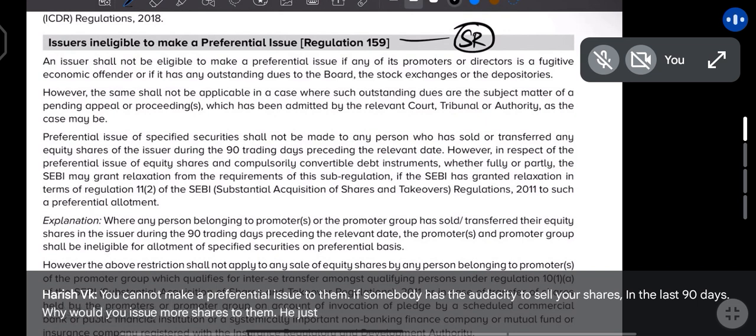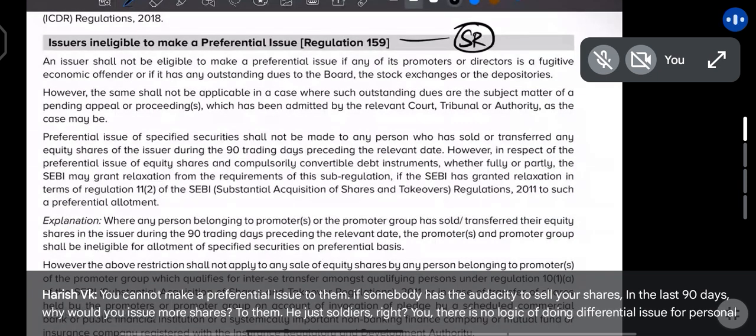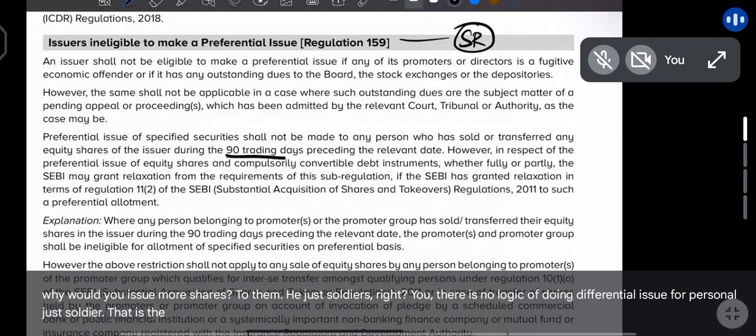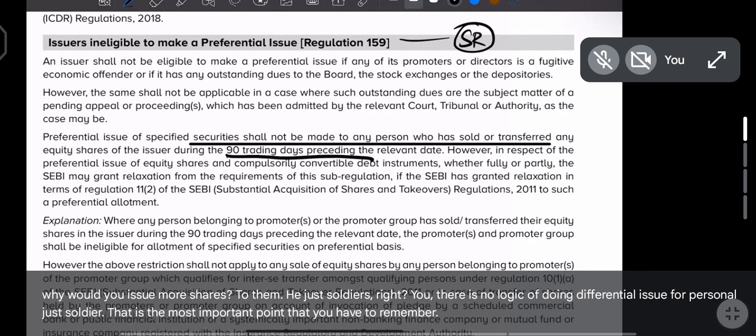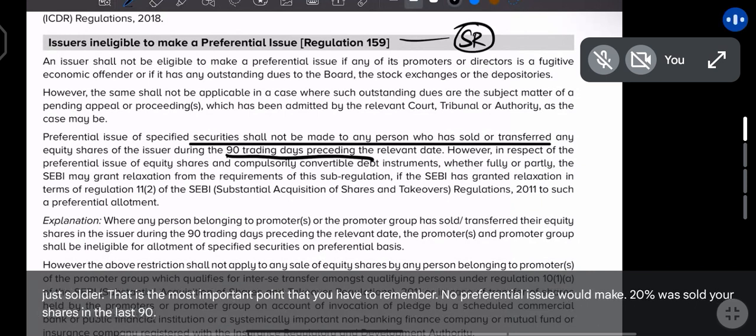He just sold your shares, right? There is no logic of doing preferential issue to a person who just sold your shares. That is the most important point that you have to remember. No preferential issue will be made to any person who has sold your shares in the last 90 trading days.